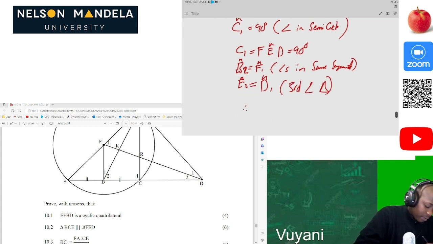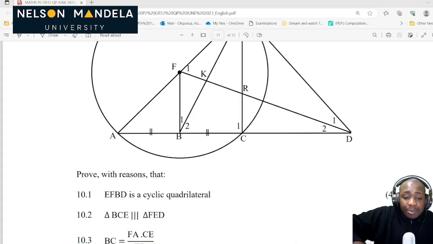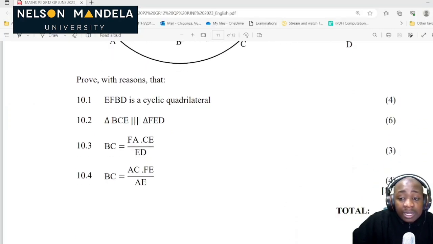Therefore triangle BCE is similar to triangle FED, the reason being angles. Everyone is happy with that because that's already easy. Now let's look at the following question, 10.3.